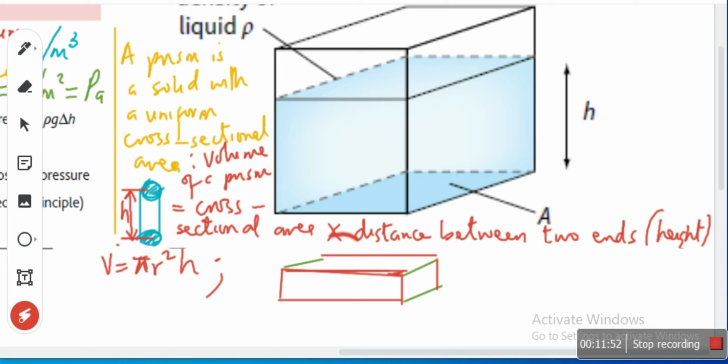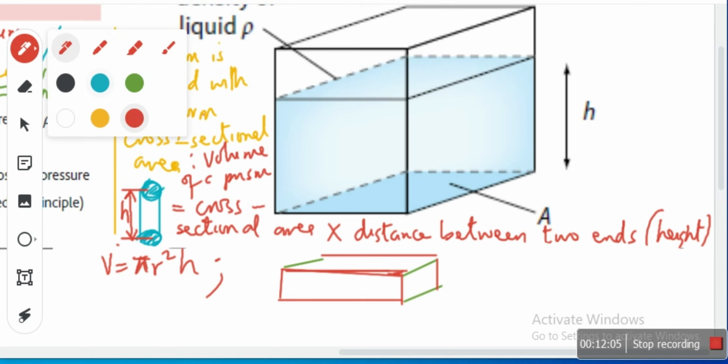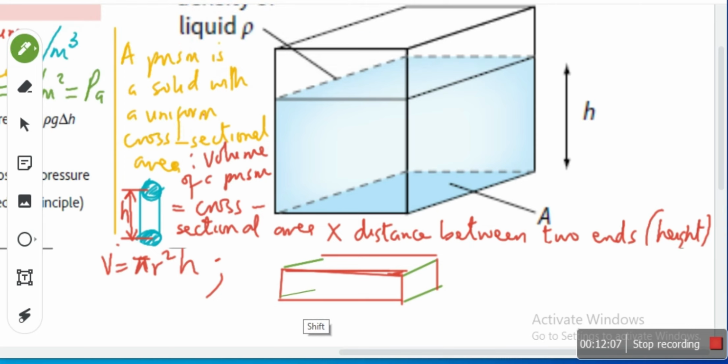What I just drew here? Because this end is the same as the other end, isn't it? Yes. Okay, let me just draw the hidden details so that we can see what I'm trying to say. I can draw it in green so it will appear the same way the other one is.